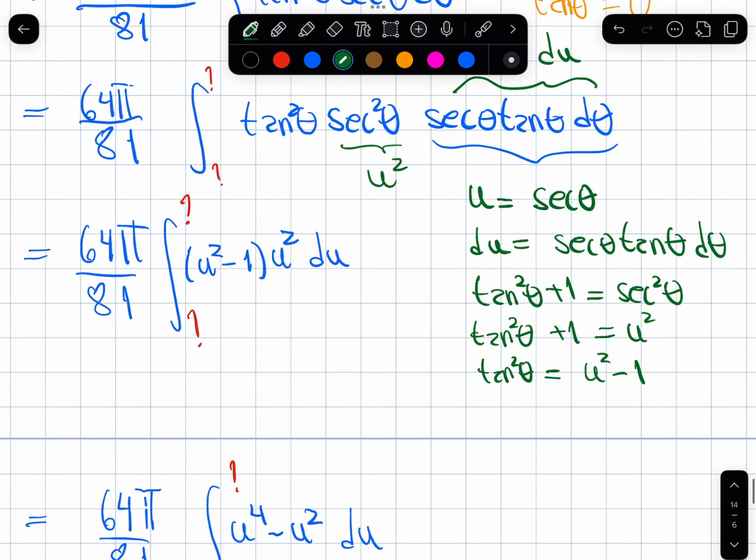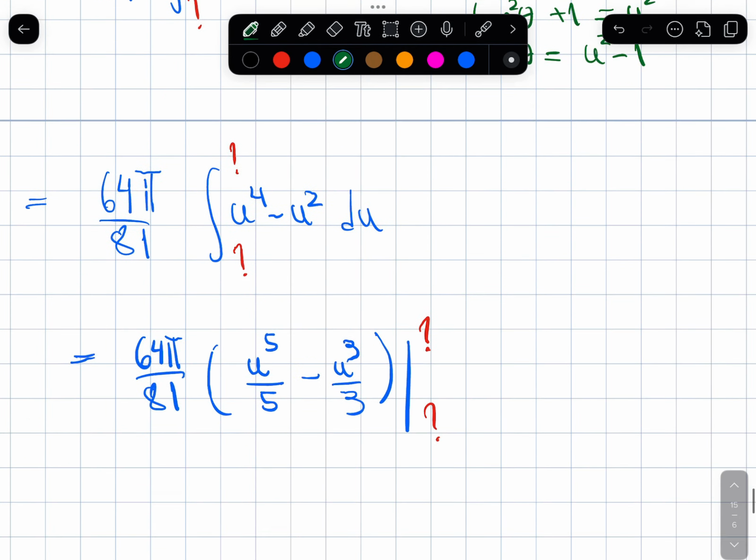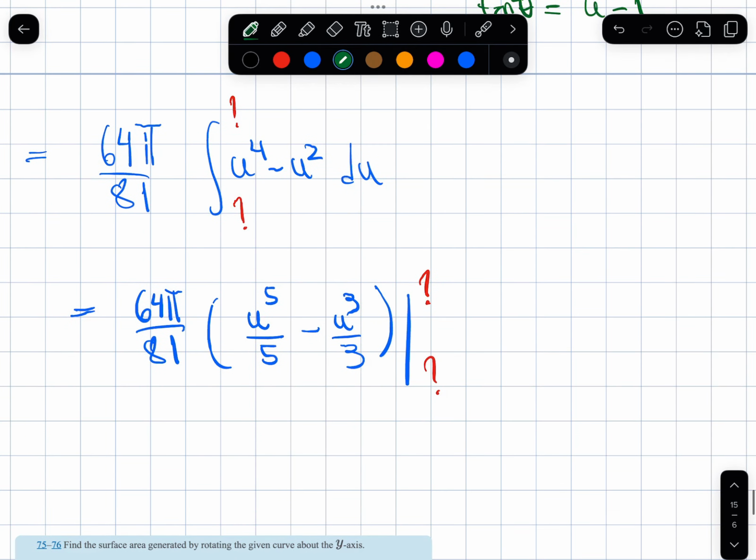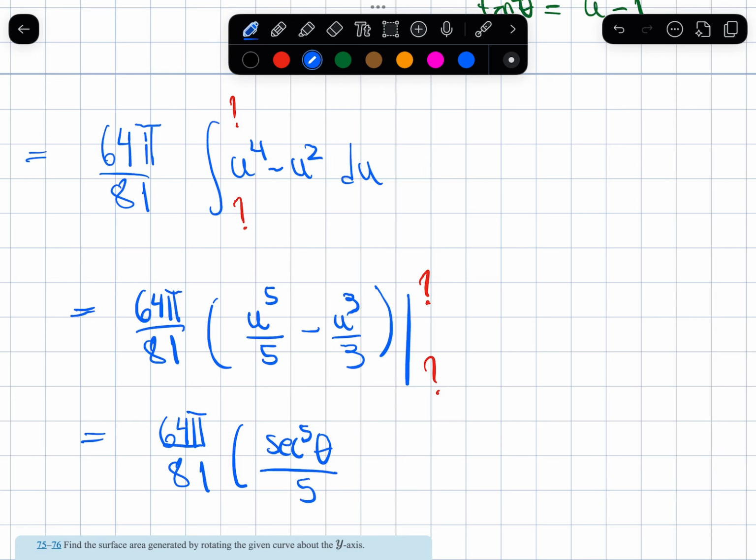You can go back and think, oh, isn't u the secant of theta? So this would be secant to the power 5 of theta minus secant cubed of theta. Evaluate it at the two limits of integration for theta now.